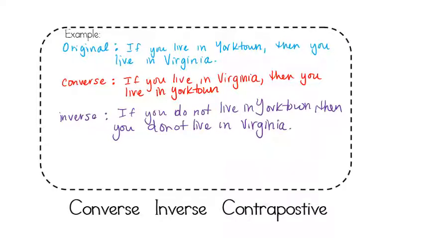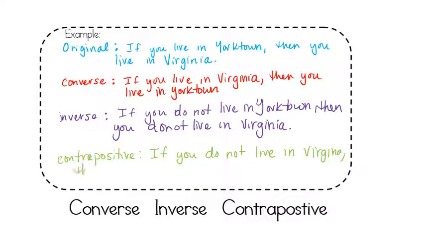Okay. And then finally, contrapositive. Switch and negate. So we're going to say, if you do not live in Virginia, then you do not live in Yorktown.